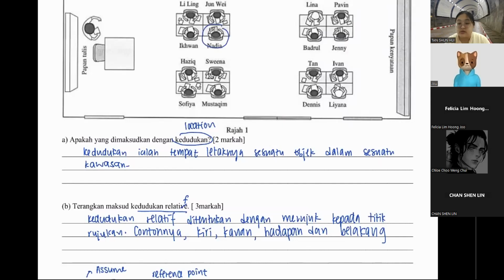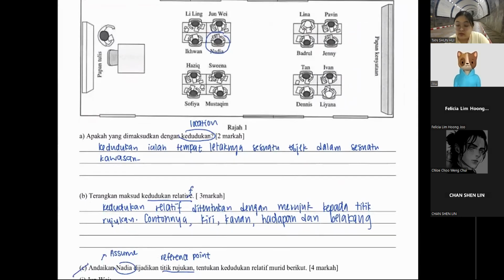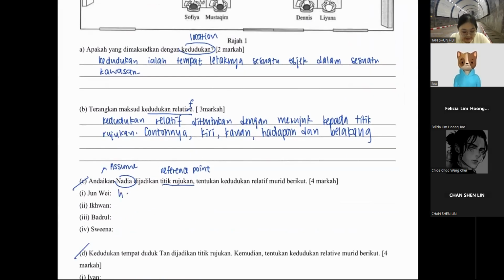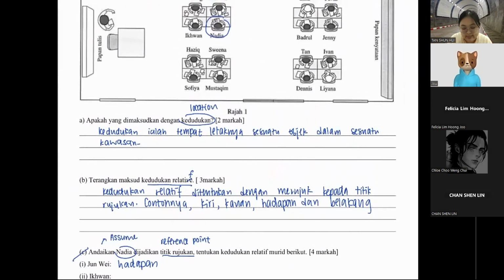You see, in this situation, can you tell me who is in front of Nadia? Anyone? Who is in front of Nadia? So how are you going to look at it? Yes, Junwei. So at the Junwei there, you write down hadapan. Then where is Ikwan?